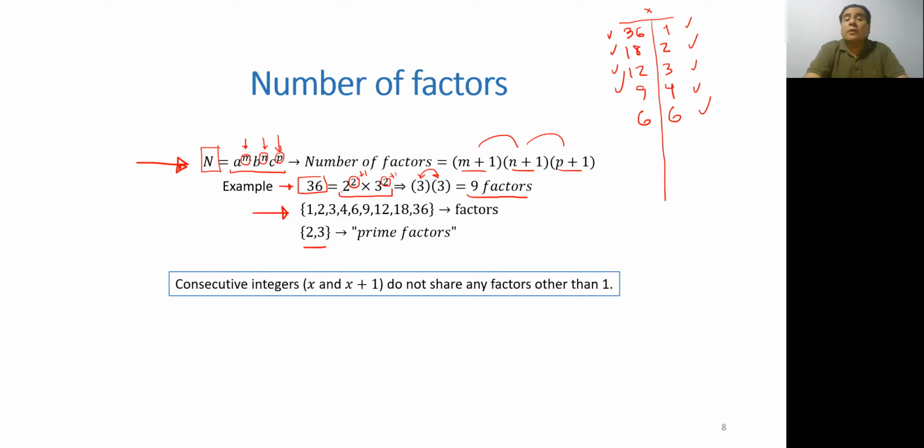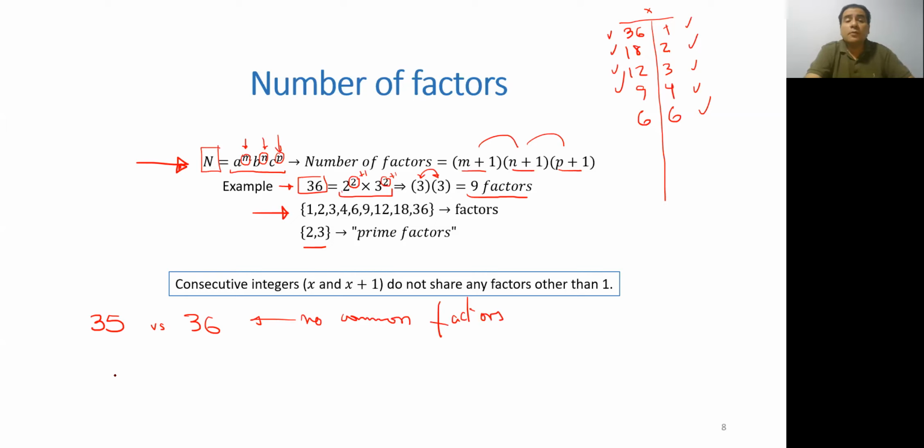Another conclusion from this theory is that consecutive integers, that means numbers that have a difference of 1, don't share any factors other than 1. For example, 35 and 36, no common factors, right?